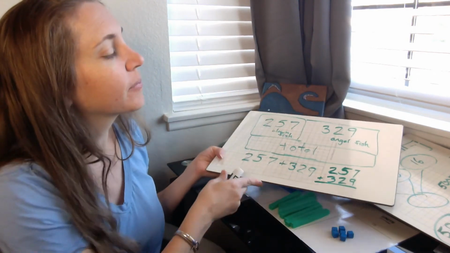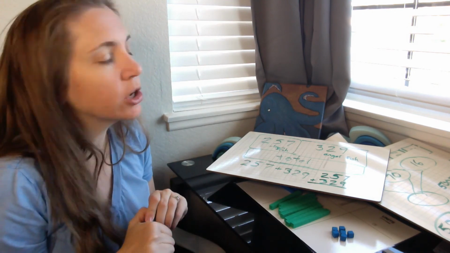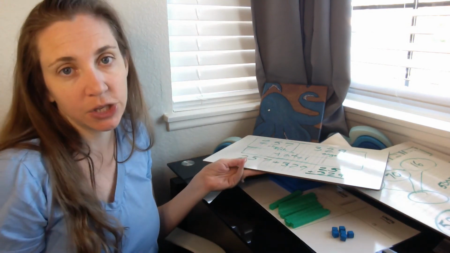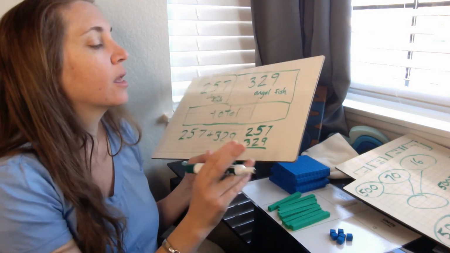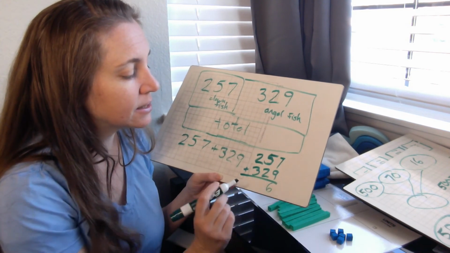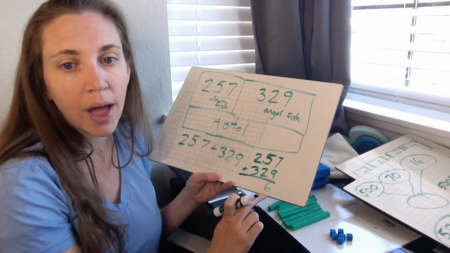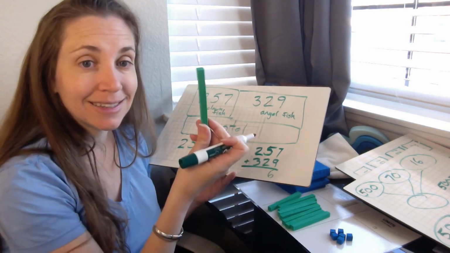So when you're ready to start introducing it, but don't rush it, you can say, okay, well, we added 7 and 9, and you can even say, I want to show you this cool thing that might make it easier for you. And if their eyes glaze over, they're not ready for it, don't worry about it. 7 plus 9, we said, was 16. But 16 doesn't fit down here because you can only put 1 in each row.